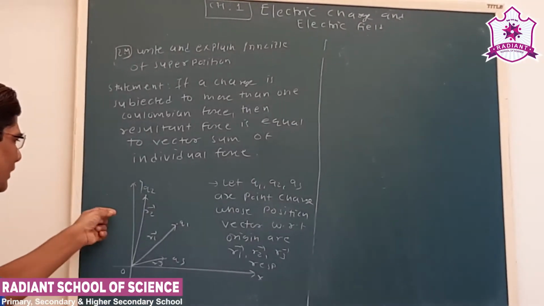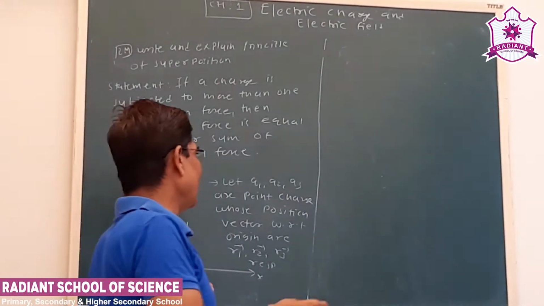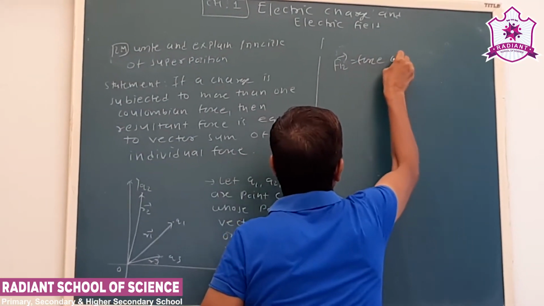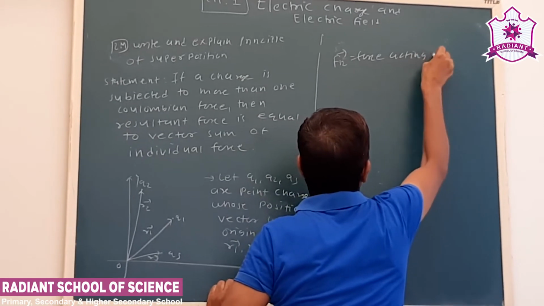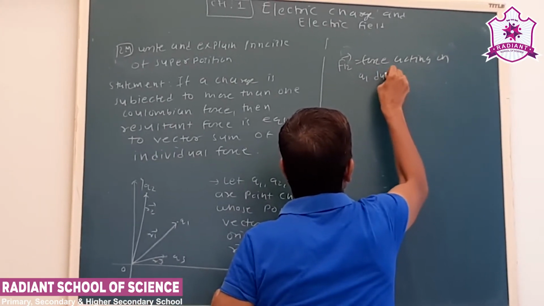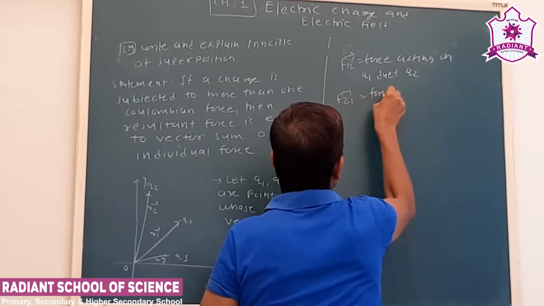Now see, here also these are like charges. Let F12 be the force acting on Q1 due to Q2, and F21 the force on Q2 due to Q1.